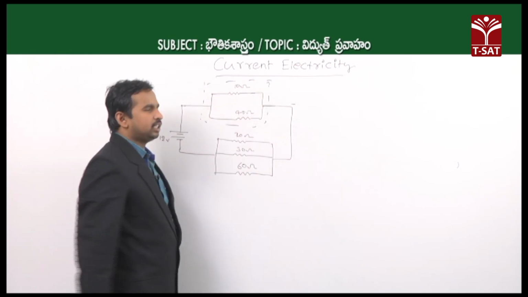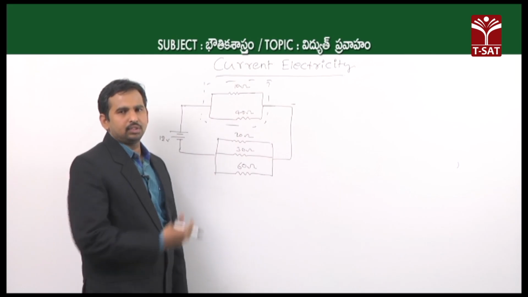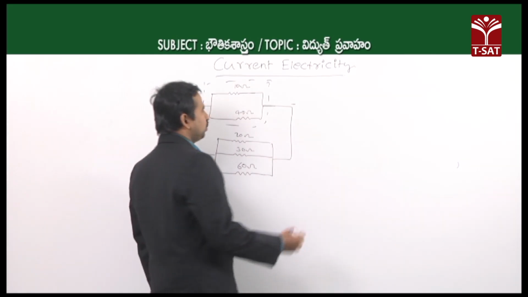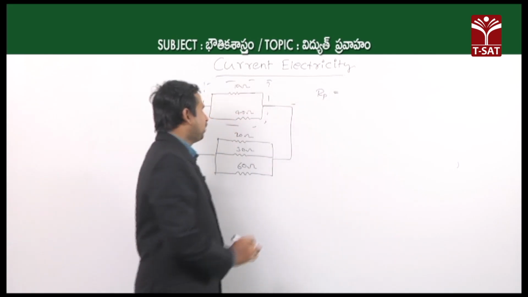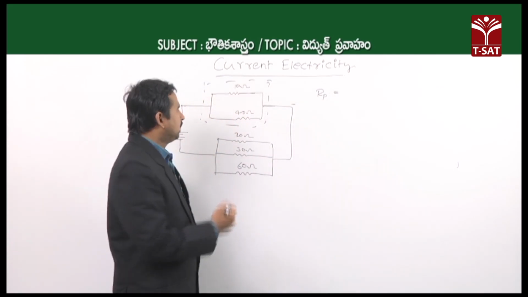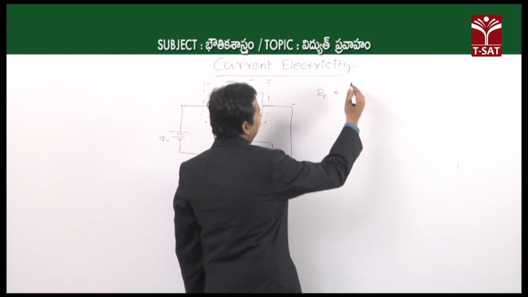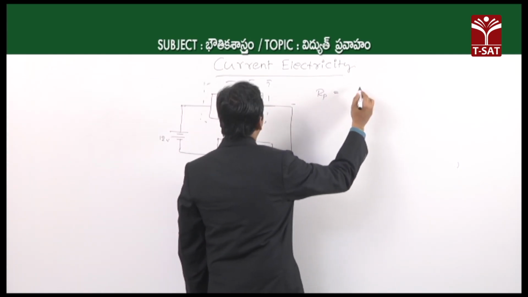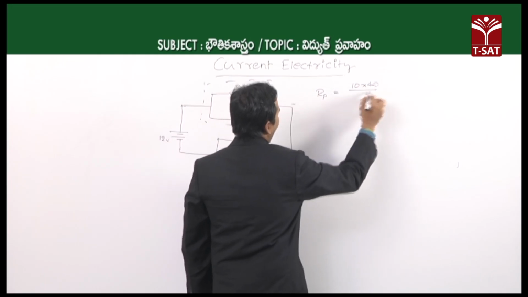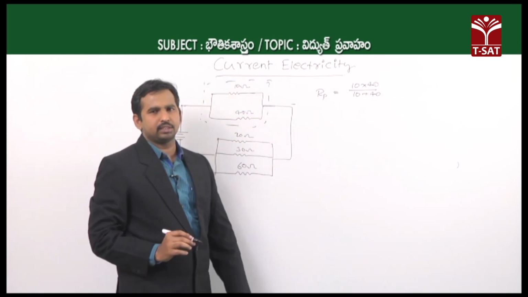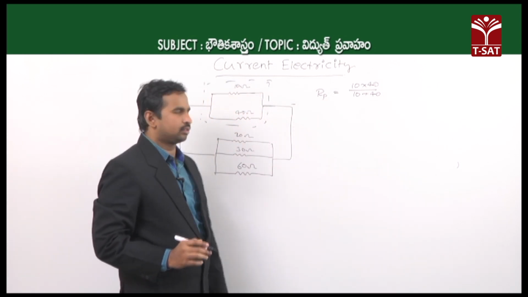The 10 ohms and 40 ohms are connected in parallel, and we know that Rp, the resistance when connected in parallel, is R1 into R2 by R1 plus R2, which is 10 into 40 by 10 plus 40, the product of the resistances by the sum of the resistances.